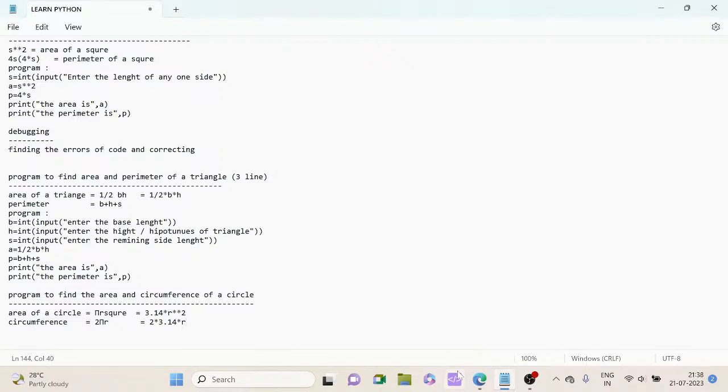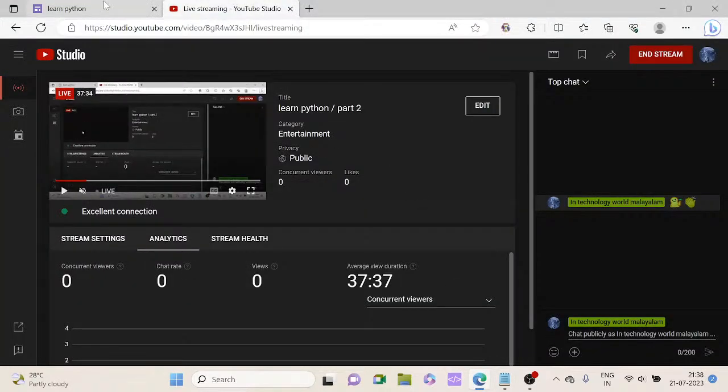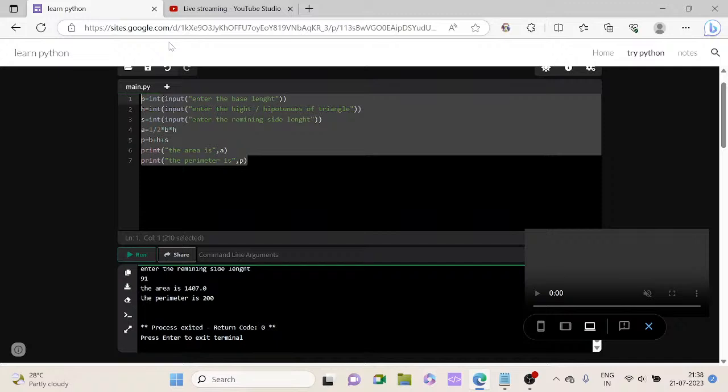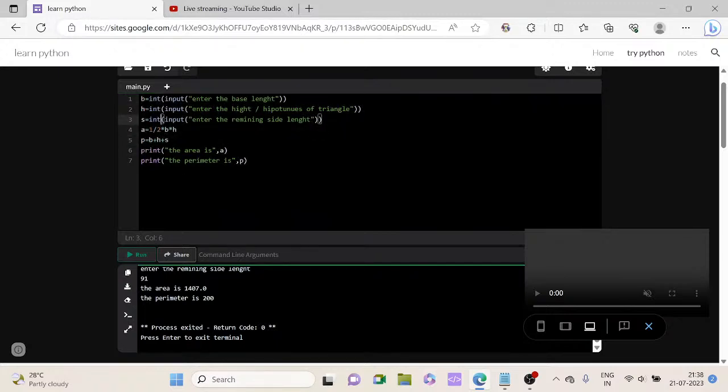So now let's find it. The first lines are just common, so you'll just use the first two lines as common and just change the alphabets. That's all. So radius and area, that also needs only one line.